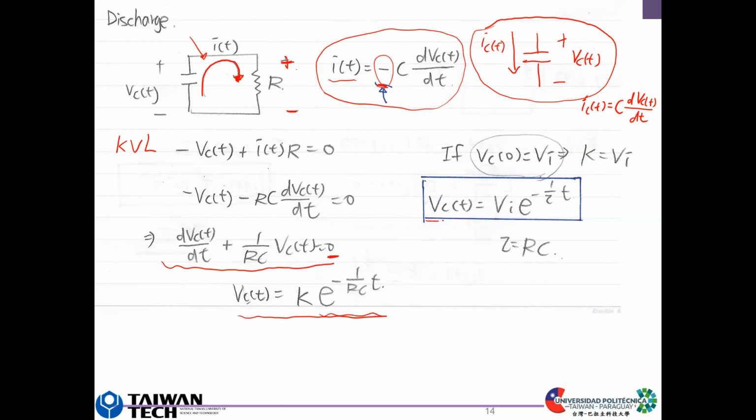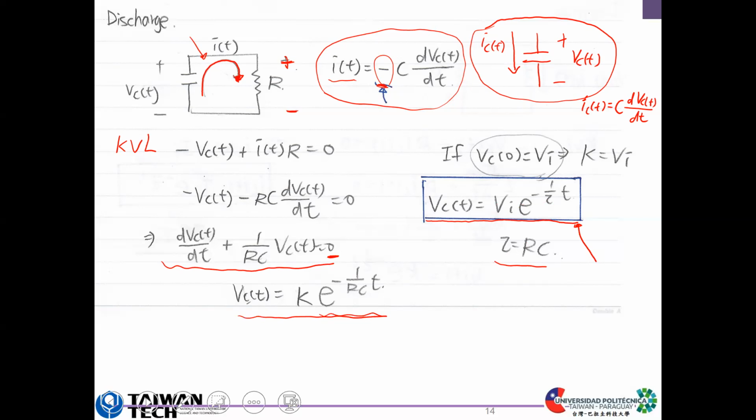So this is the discharge equation for a capacitor, where tau equals RC. Please memorize this equation.